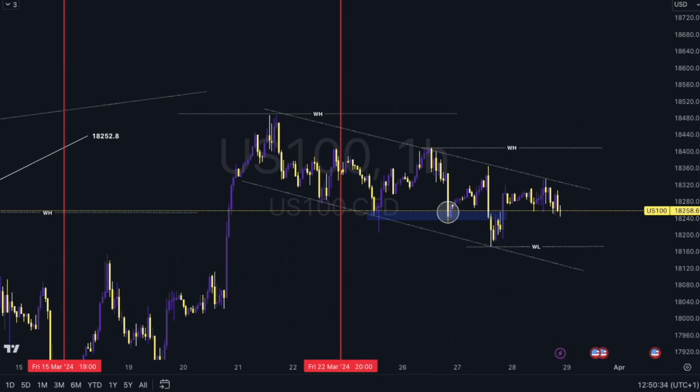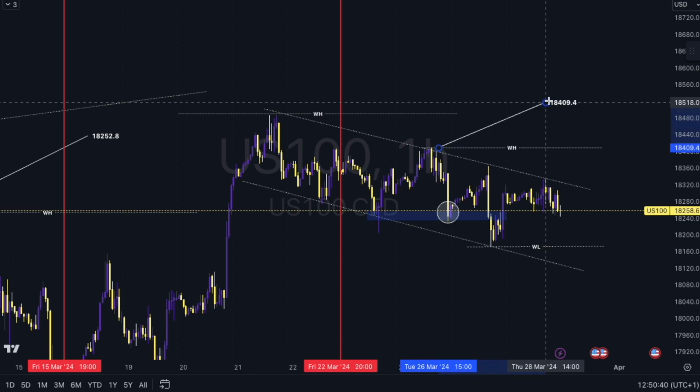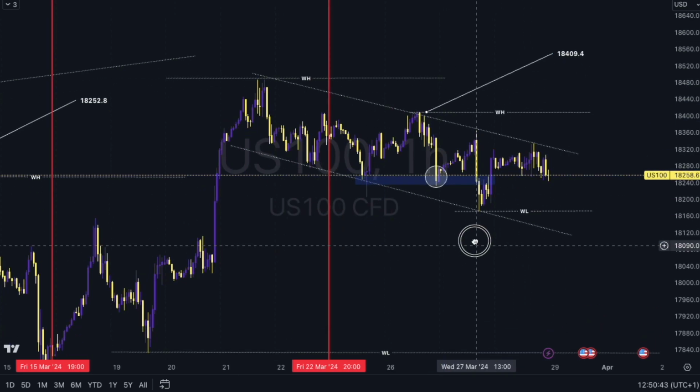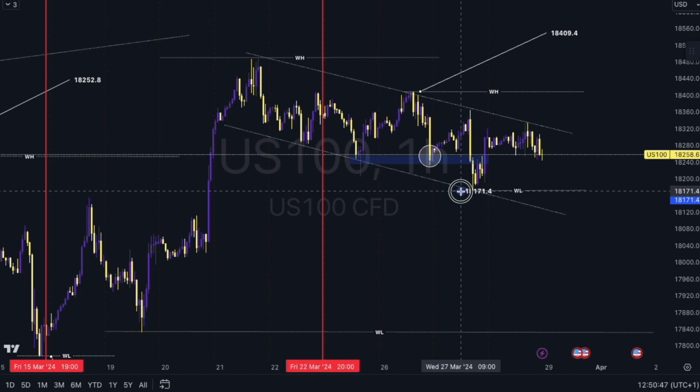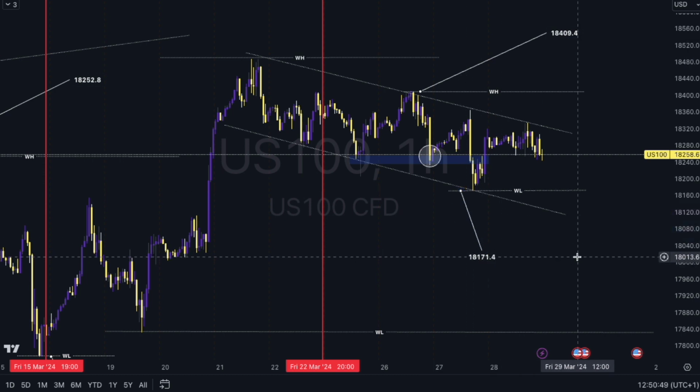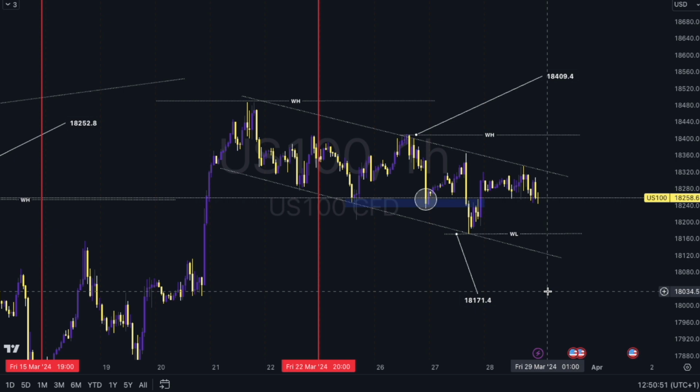So let me put in some labels for you guys. As it stands, the two levels that I'm waiting for are, on the high side, 18409.4, and on the low side, 18171.4.